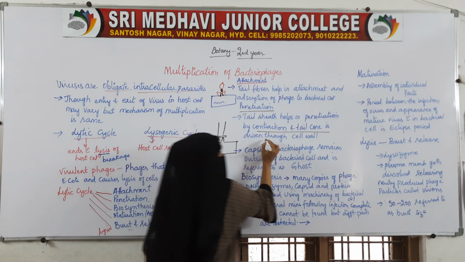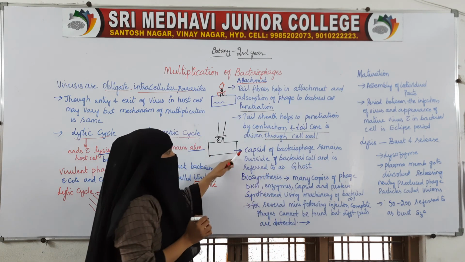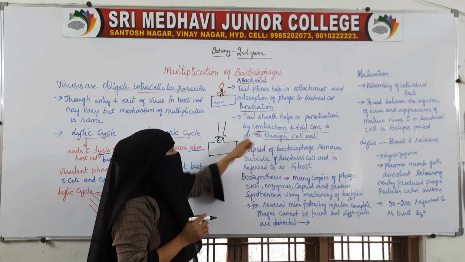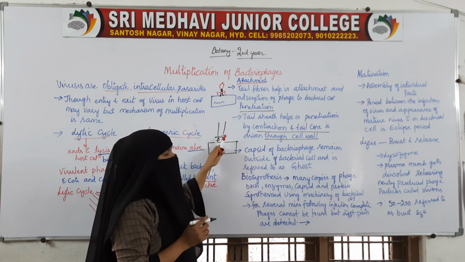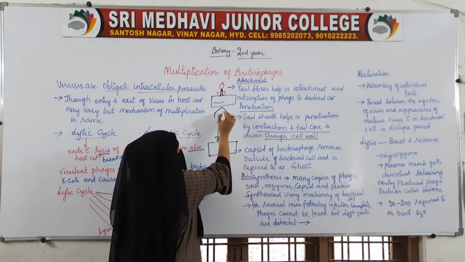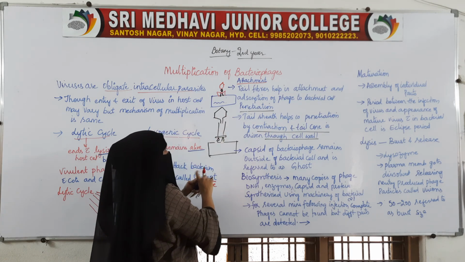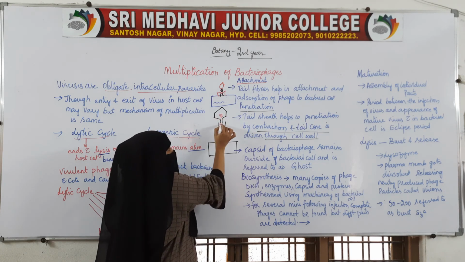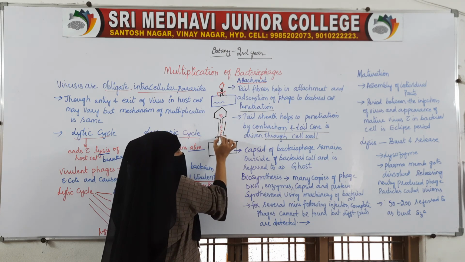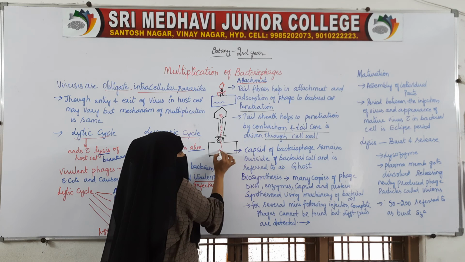After the tail sheath has contracted and the pins have driven in, the genetic material inside the head passes through the tail and enters the cell.